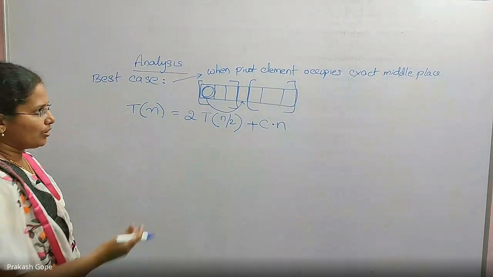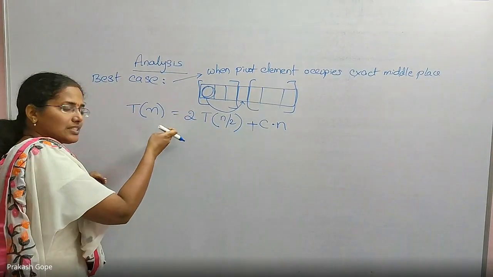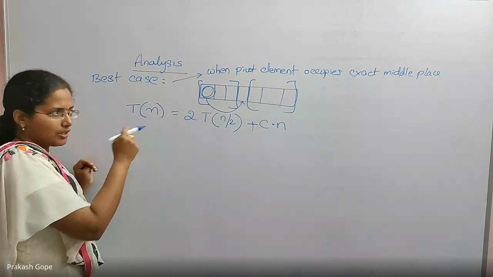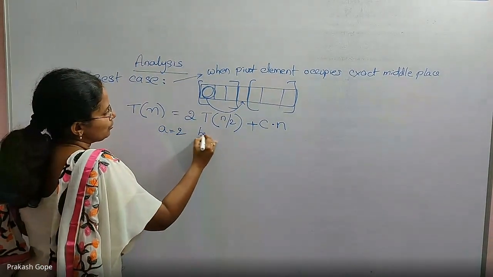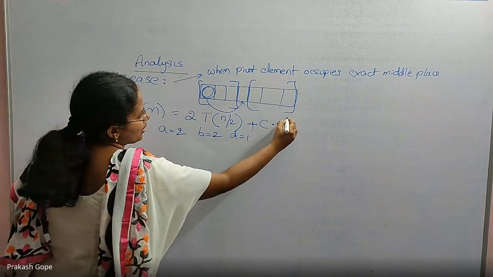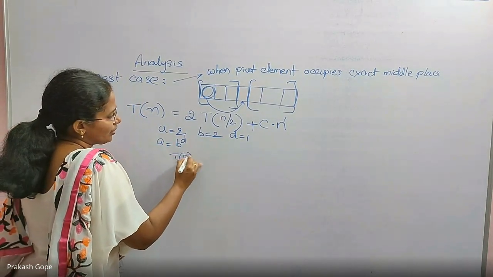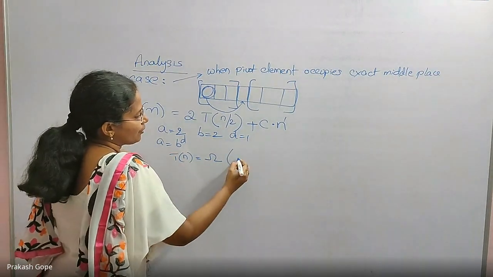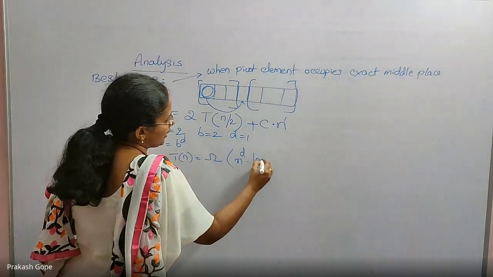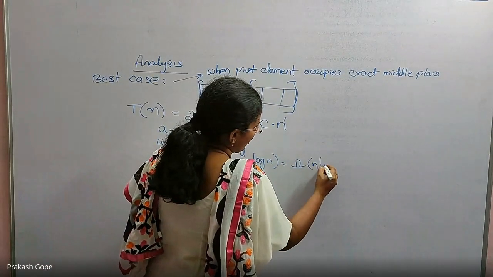Because it is two equal halves, it is 2 times T of n by 2. This is similar to the merge sort recurrence relation, correct? Okay, what is the time complexity? A is 2, B is 2, D is 1. A equal to B power D case. So T of n is equal to, we are talking about best case, that's why, Omega of n power D times log n, which with D as 1 is n log n.